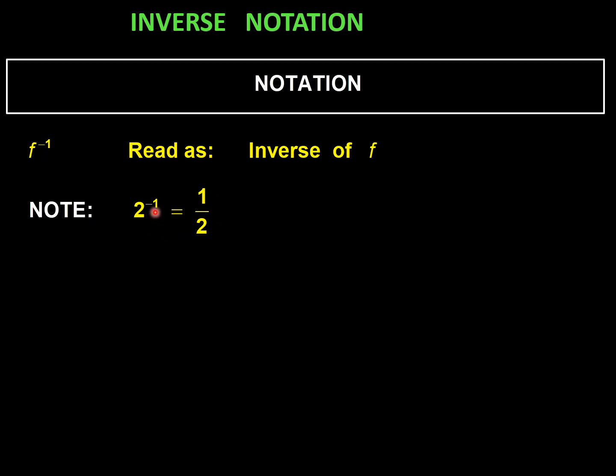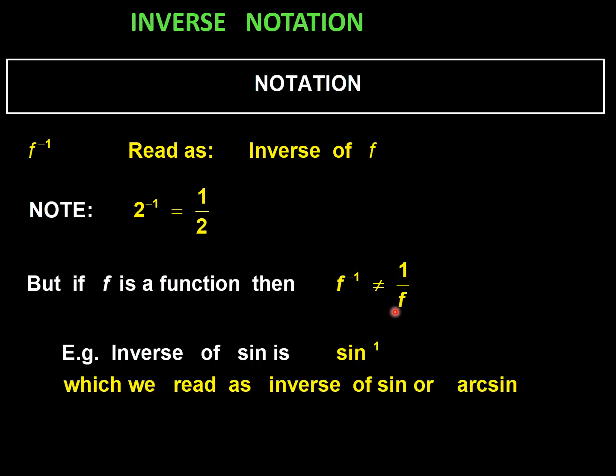But if I use the f with a -1, it does not mean that it's 1 over f. So when I work with functions, if I write f^-1, it doesn't mean 1 over f. Remember, in functions, we read this as the inverse. So the inverse of f is not 1 over f.